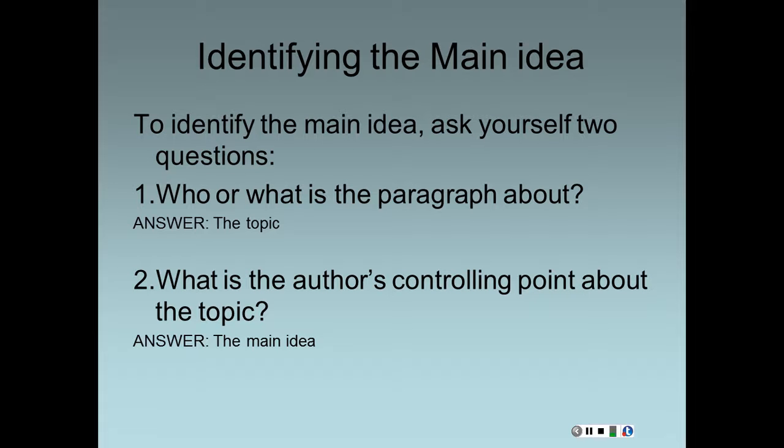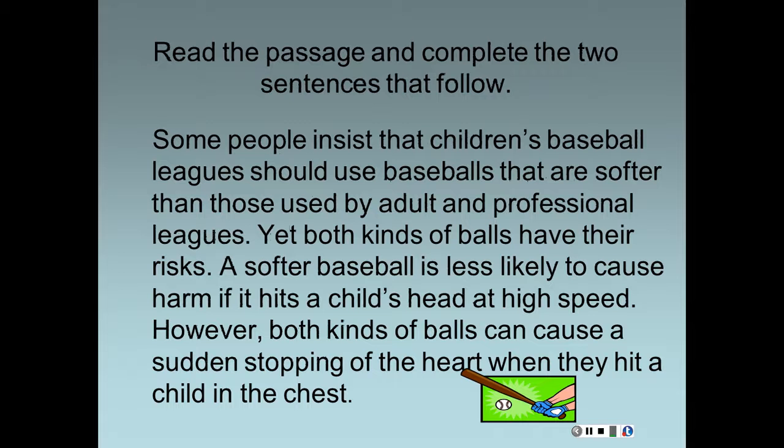Number 1, who or what is the paragraph about? The topic. Number 2, what is the author's controlling point about the topic? The main idea. Read the passage and complete the 2 sentences that follow.